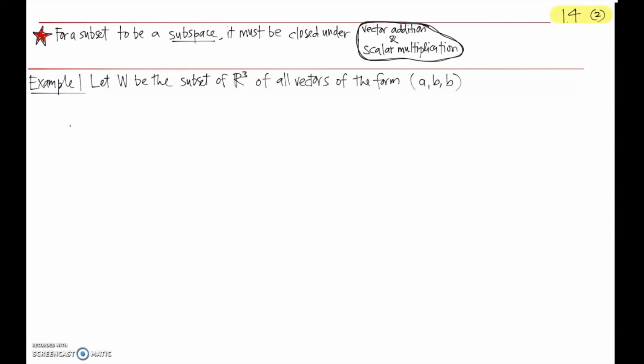Pretty much any 3-element vector where you have a first element and then the second and third elements are the same thing. It can be different from the first element, but the second and third element have to be the same thing. So first off, our first job is to give some specific vectors in W.